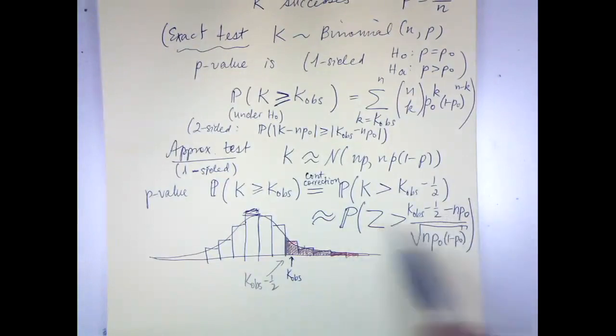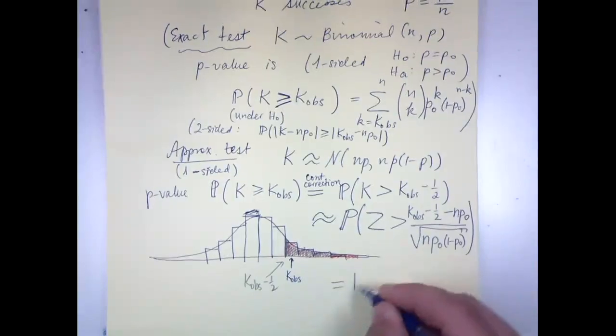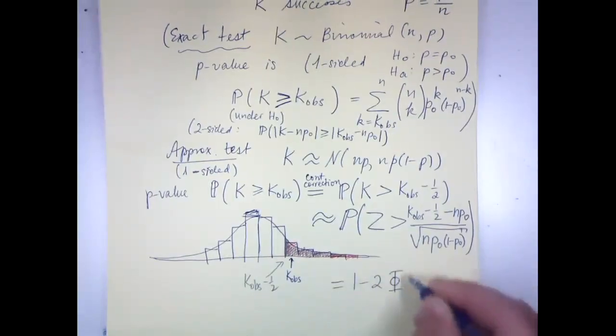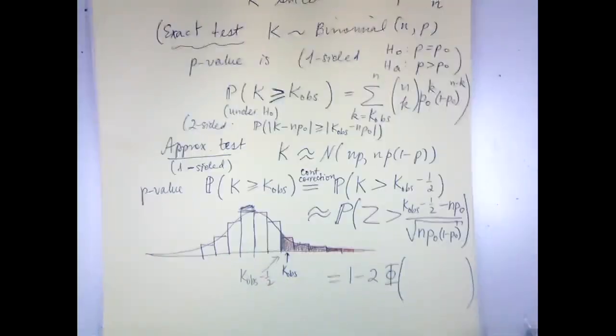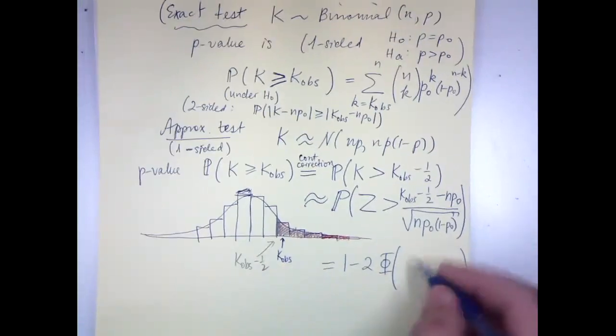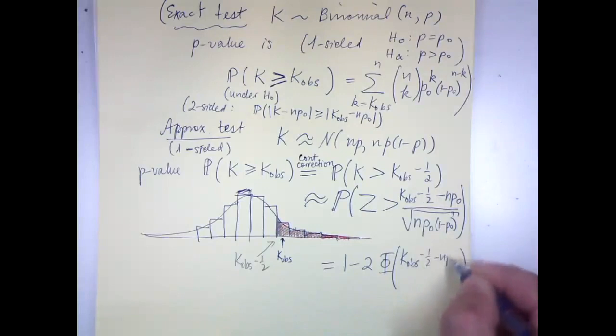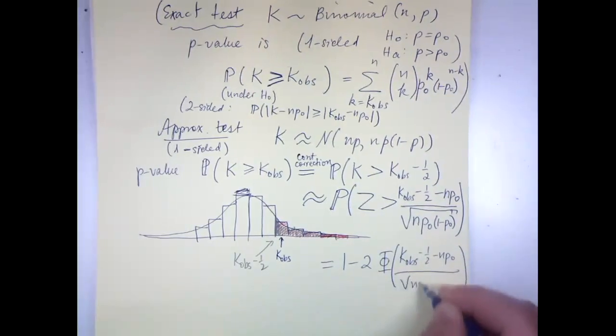So you can look that up in a normal table. That's 1 minus phi. Phi is the thing that's tabulated in the standard normal distribution table, and you just put in k observed minus a half minus np0, over the square root of np0 times 1 minus p0.